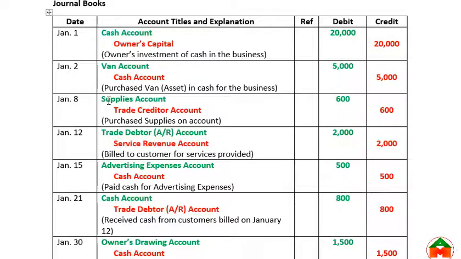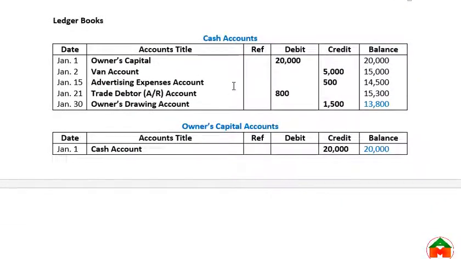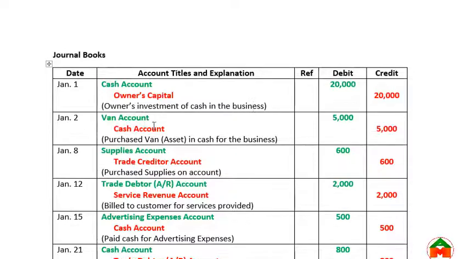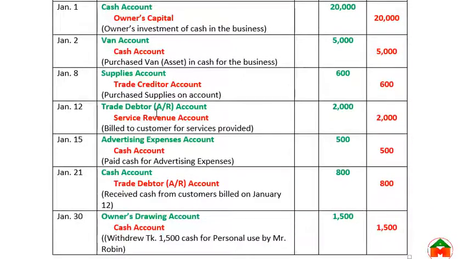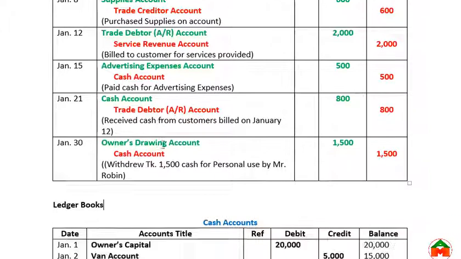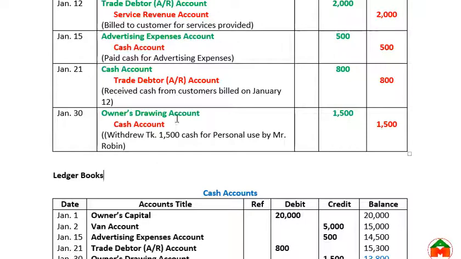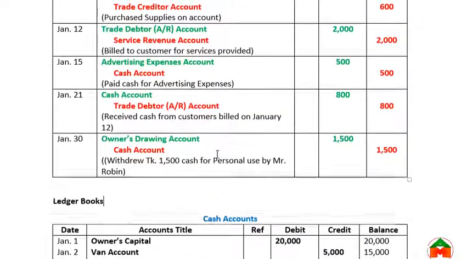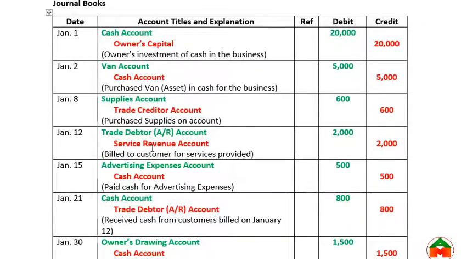We will follow the same process we have done here to prepare the van account, supplies account, trade debtor account, and advertising expense account. Only one trade debtor account we should prepare, and the owner's drawing account. By following the same method, we have to prepare every account, and that is called the ledger.